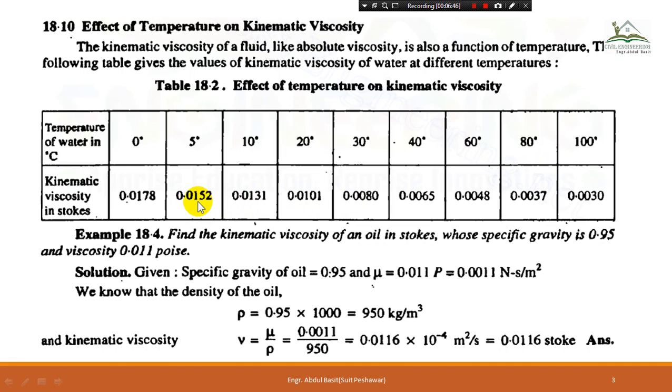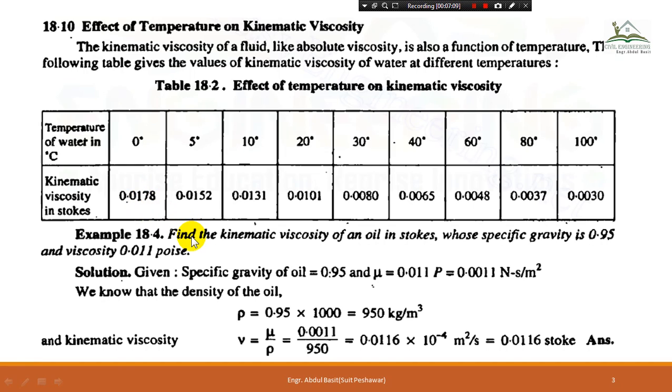So at 100 degrees centigrade we have the least kinematic viscosity in stokes, and at 0 degrees centigrade we have the maximum kinematic viscosity in stokes.